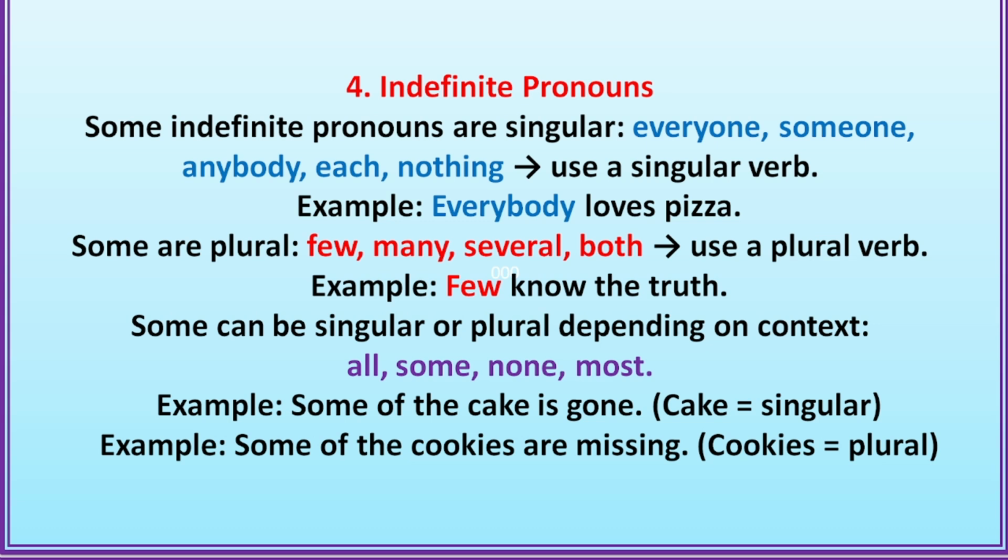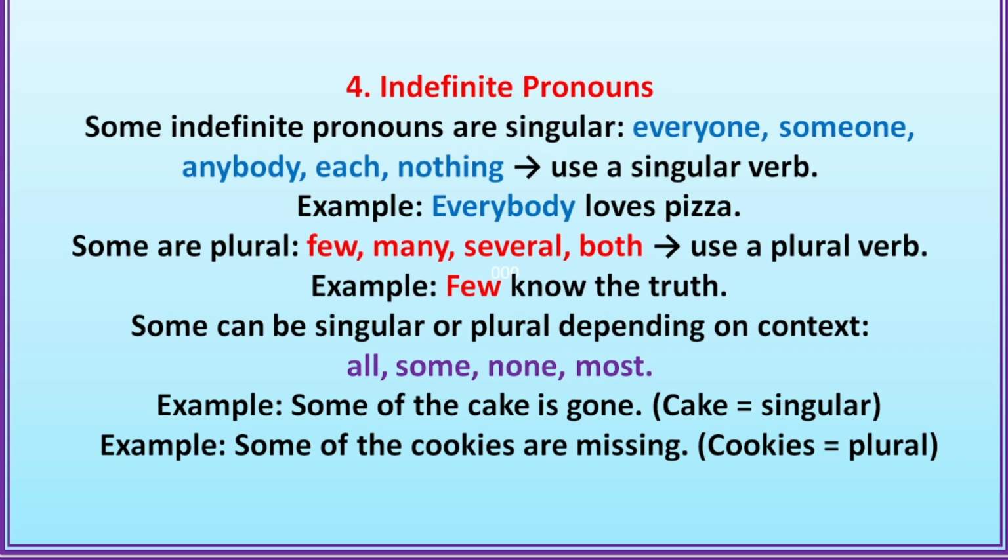If these pronouns are given in the subject, then we have to use singular verbs. Example: Everybody loves pizza. Everybody is a singular indefinite pronoun, so here V5, meaning a singular verb, is used.